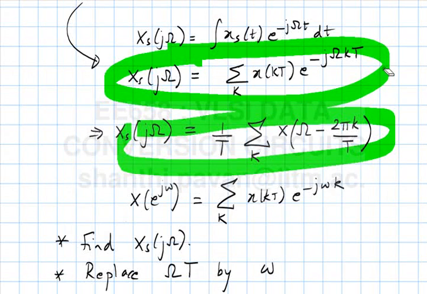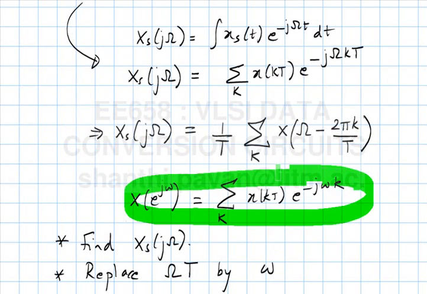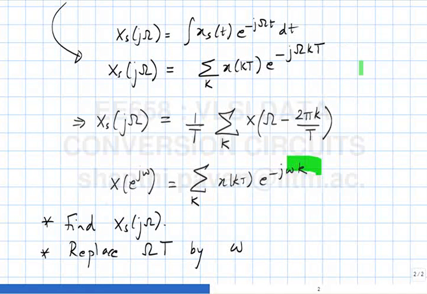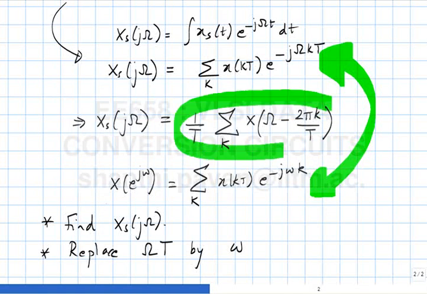And what I am interested in finding is the sum of x of kT e to the minus j omega k. So looking at these two expressions, one can conclude that if you want to find the discrete time Fourier transform of the sequence obtained by sampling a continuous time signal x of t, then I find the Fourier transform of the continuous time signal multiplied by a delta train, which happens to be this, and replace capital omega T in that expression by small omega. Does that make sense?